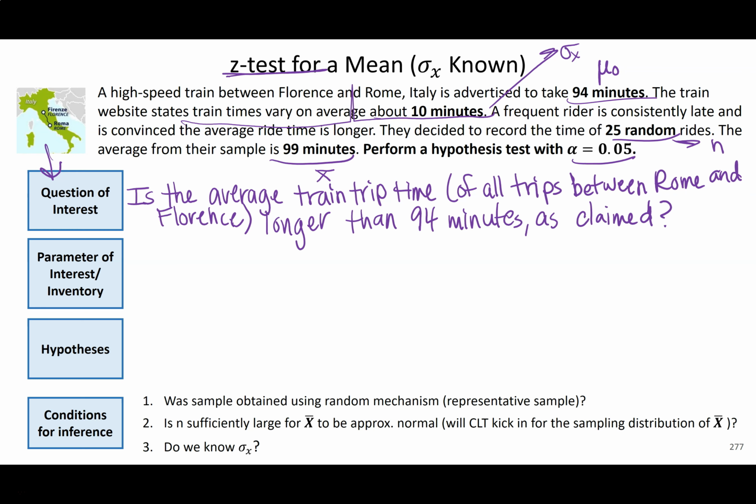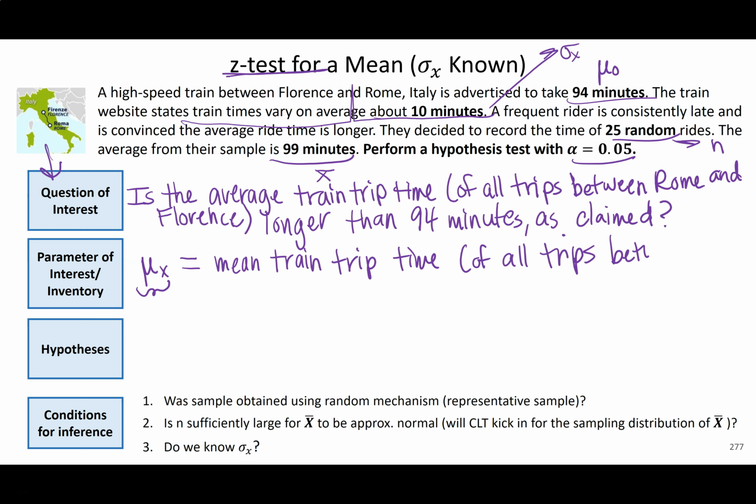So my parameter of interest, I'm going to show you my notation. So mu of x, because x is just train trip time from one ride. So the mean of all of them. So mu x, and that's going to be the mean train trip time of all trips between the two cities, Rome and Florence.